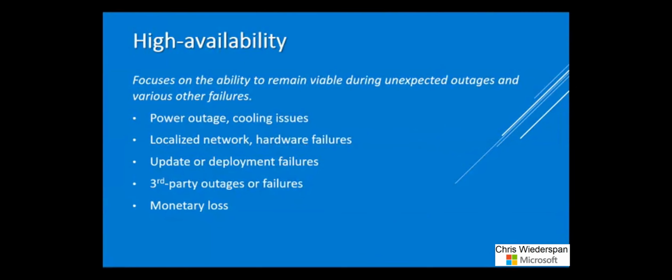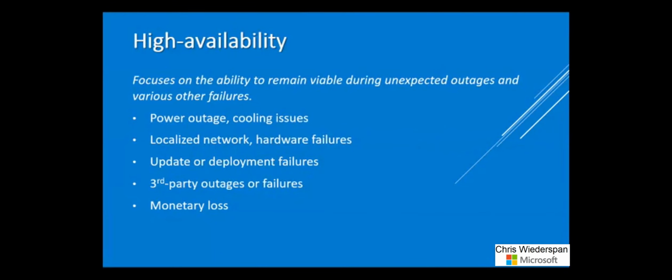So for high availability, in my opinion, this is the ability to remain viable when something unexpected happens, whether that's an outage or some sort of failure. That happens in all flavors, shapes, and forms.